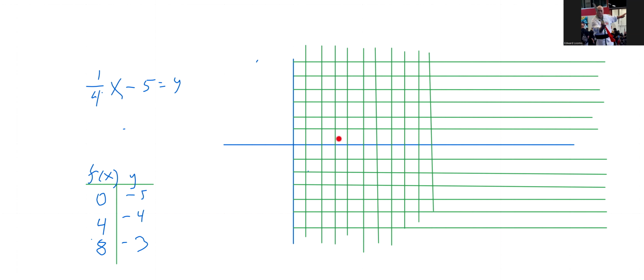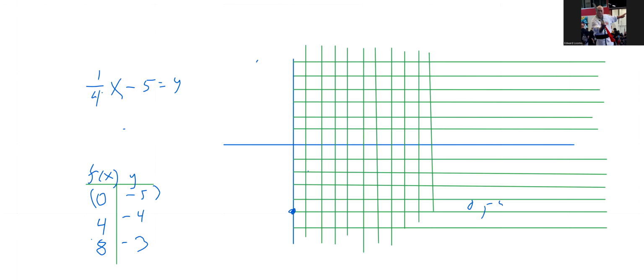My first pair is 0, negative 5. So starting at the point of origin, I move to the right 0 times. My y is a negative 5, so I come down 1, 2, 3, 4, 5 times, right to there.